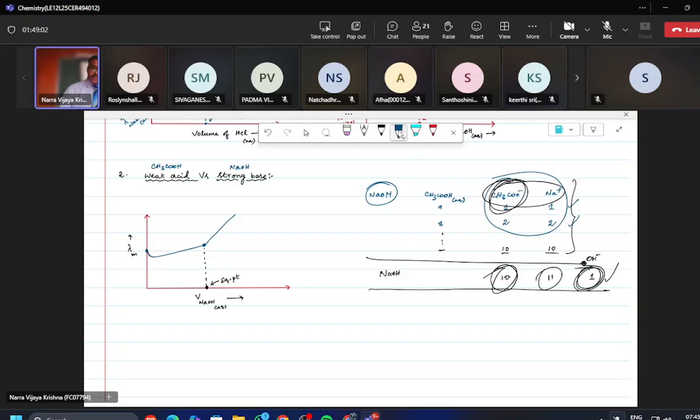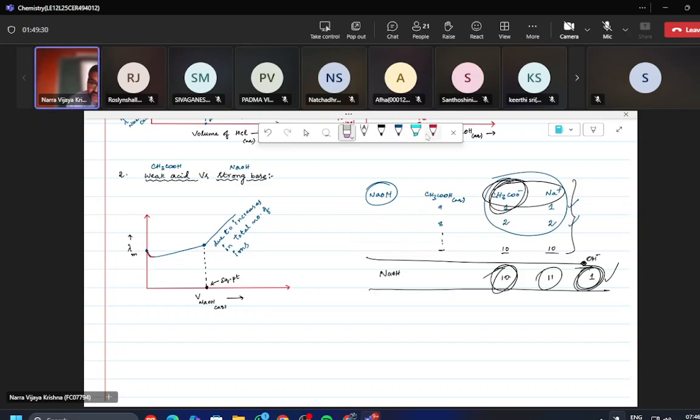Now, why there is sudden increase here? Due to increase in total number of ions, right? Now, what about this point? What about this point?